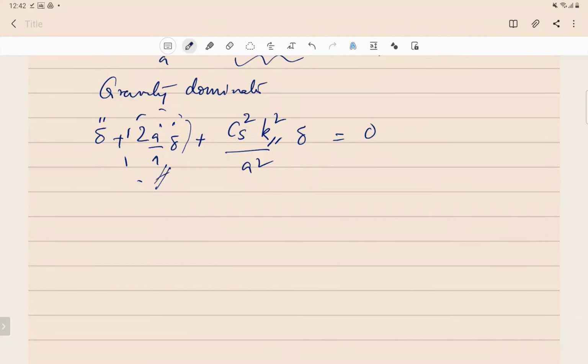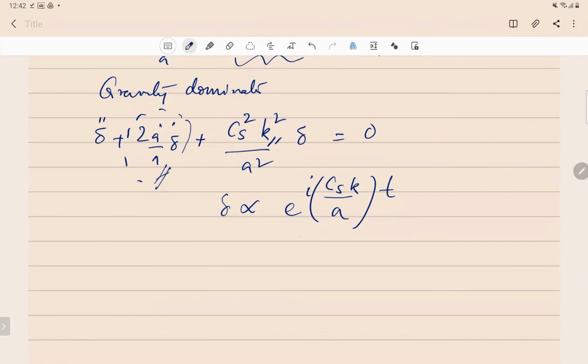The thing that I want you to appreciate over here is what kind of frequency we have. This delta will go as e to the power i cs k by a t, right?